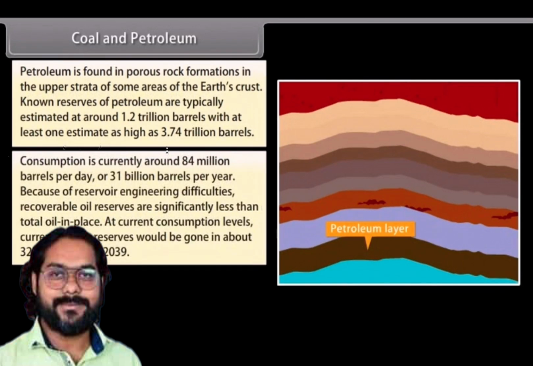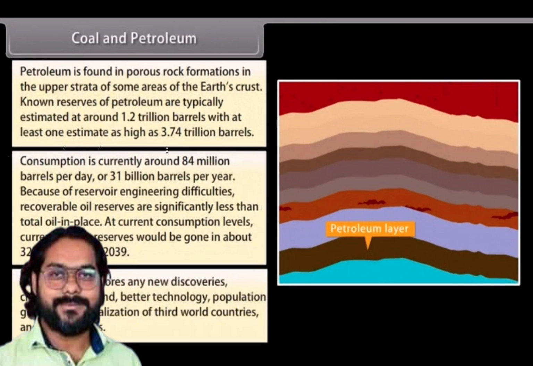Consumption is currently around 84 million barrels per day or 31 billion barrels per year. Because of reservoir engineering difficulties, recoverable oil reserves are significantly less than total oil in place. At current consumption levels, current known reserves would be gone in about 32 years, around 2039.